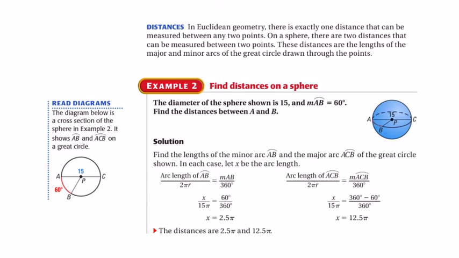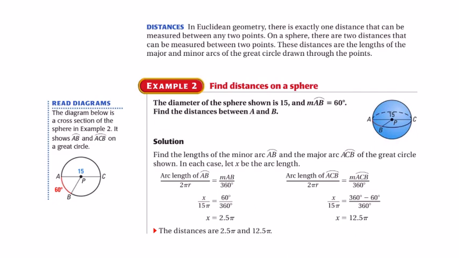So I can mark that as 60 degrees right there. Find the distances between A and B. So when we are talking about arc length, they did say length, it's a little bit different than arc measure. Instead of in degrees, it will be in units.